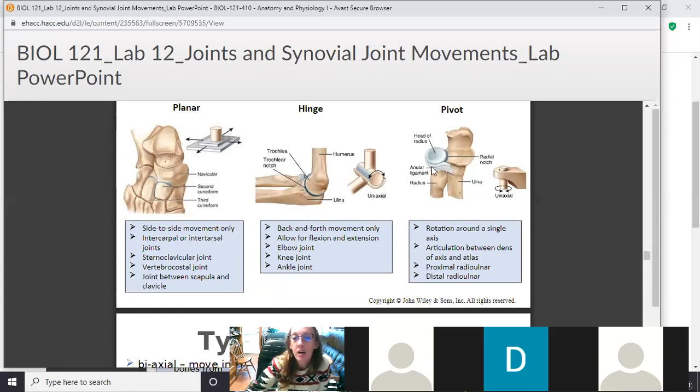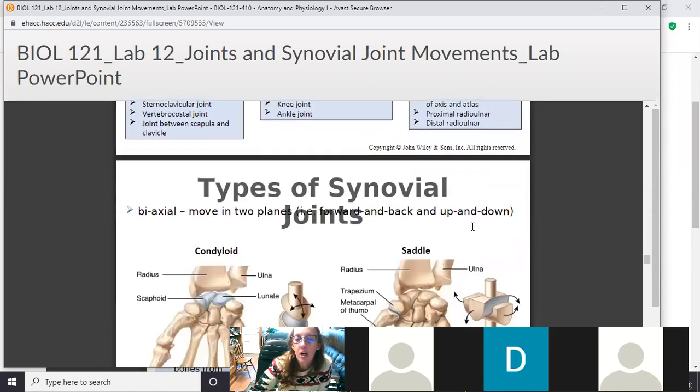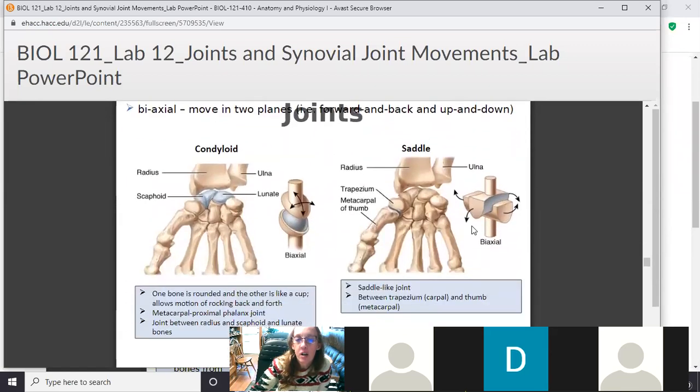Right here. The distal radioulnar. Condyloid: the metacarpal proximal phalanx joint, and the joint between the radius, scaphoid, and lunate bones. The saddle between the trapezium and the thumb metacarpal.